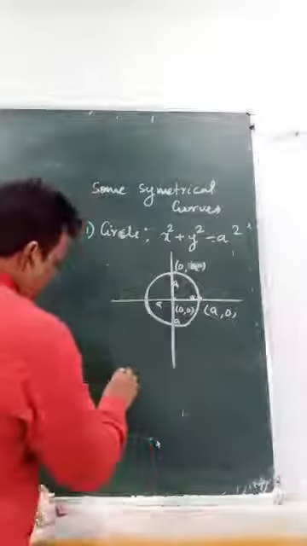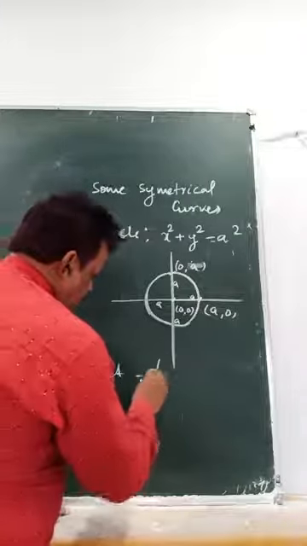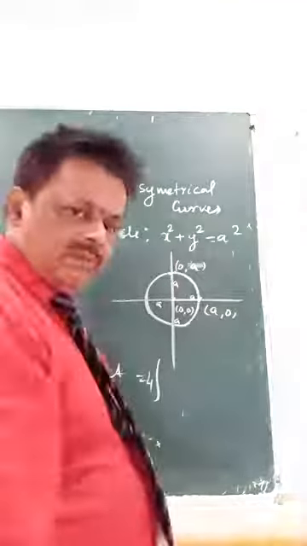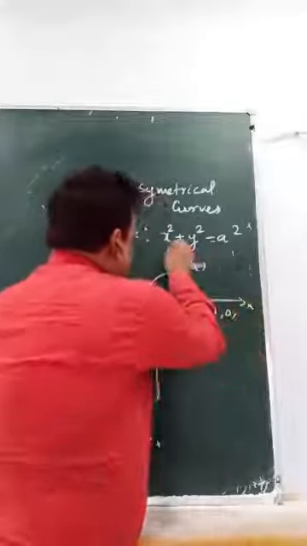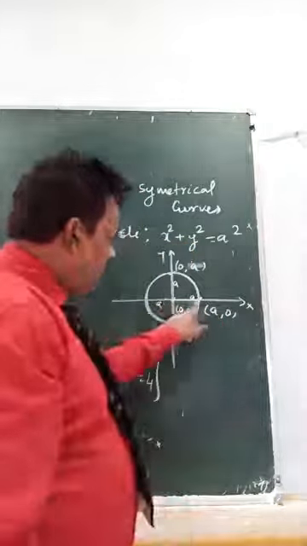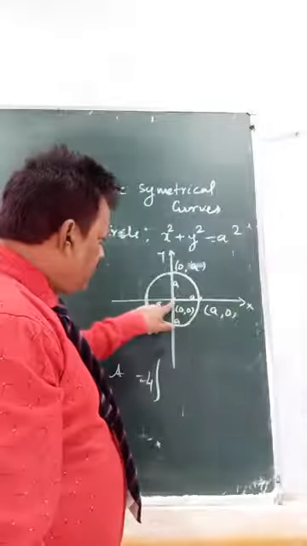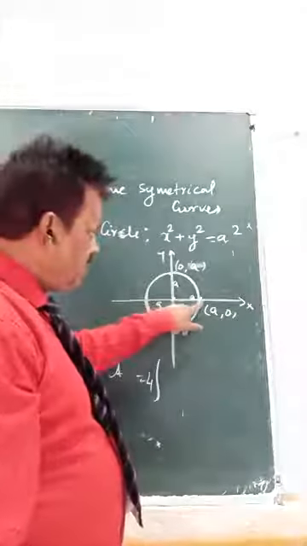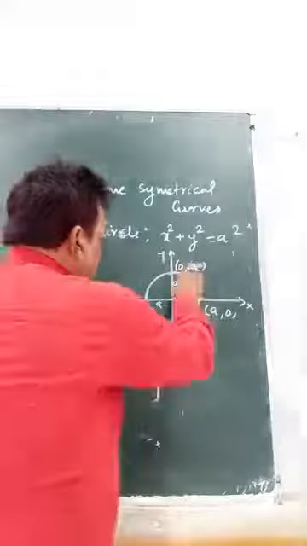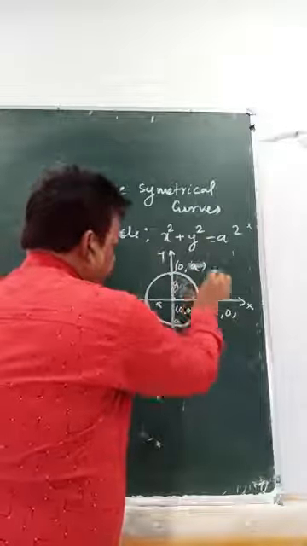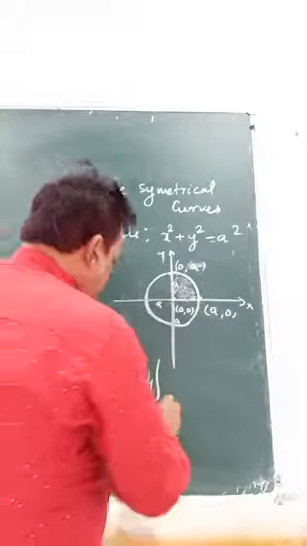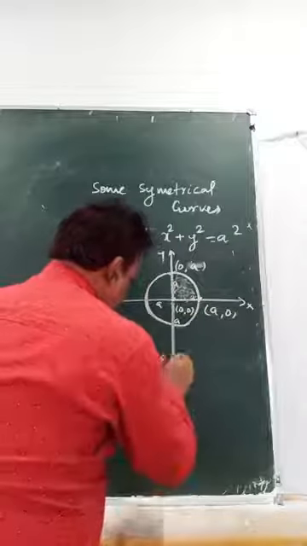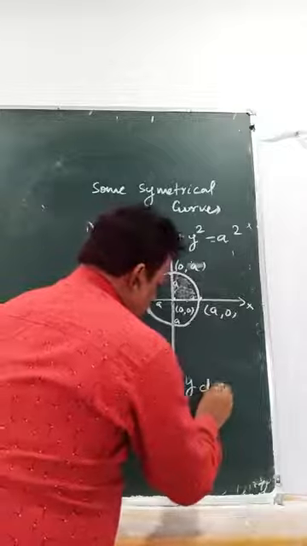So the area here will be 4 times, if I am taking with the x axis, lower limit will be 0, upper limit is a. So 0 to a, y dx.